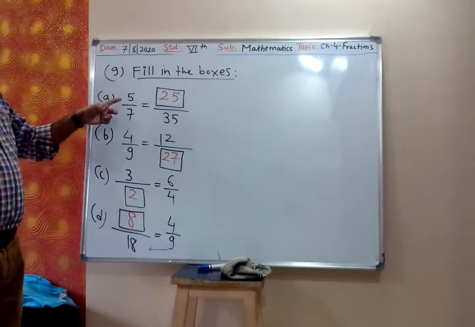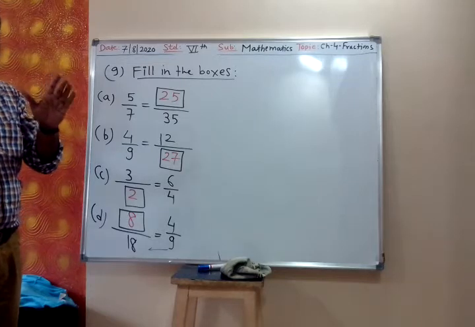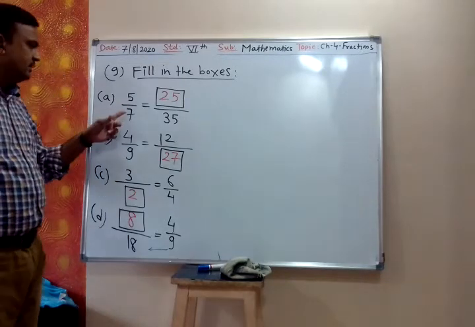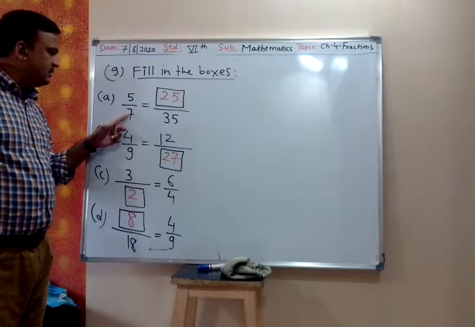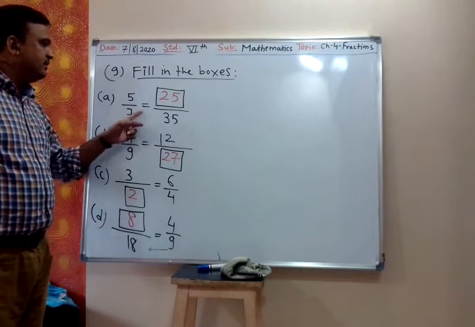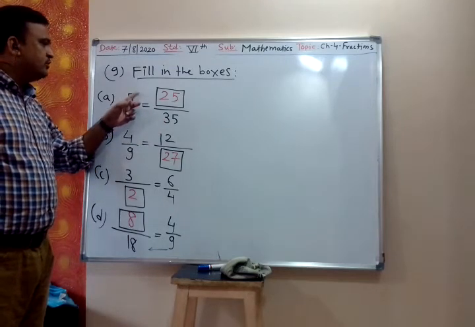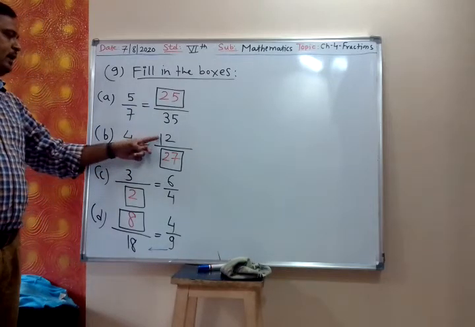Now nobody will speak in between. I am explaining. Pay attention. Denominator is 7. 7 becomes 35. That means I have multiplied 7 by 5. So this 5 also you have to multiply by 5. 25. Then 4 becomes 12.